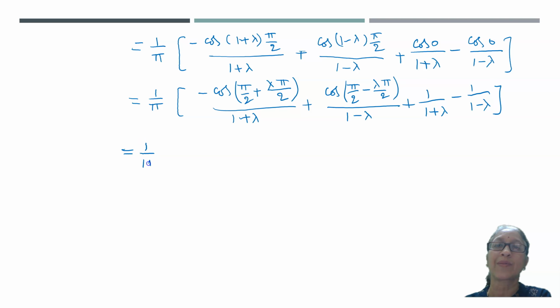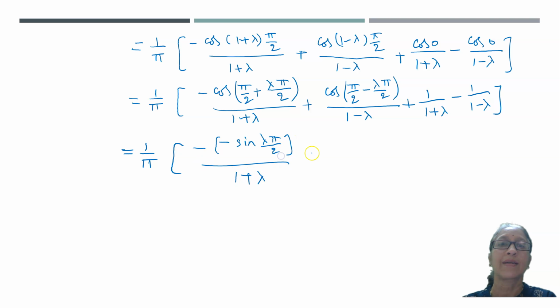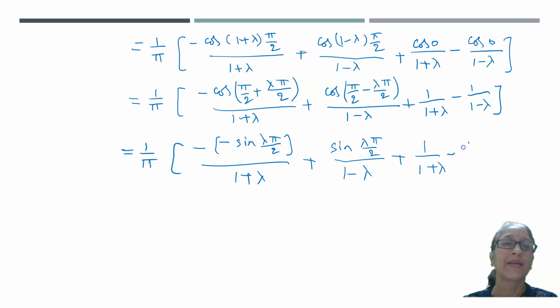Here cos (90 plus theta) is minus sin theta, so minus sin lambda pi by 2 upon (1 plus lambda). Here cos (pi by 2 minus theta) is plus sin lambda pi by 2 upon (1 minus lambda).